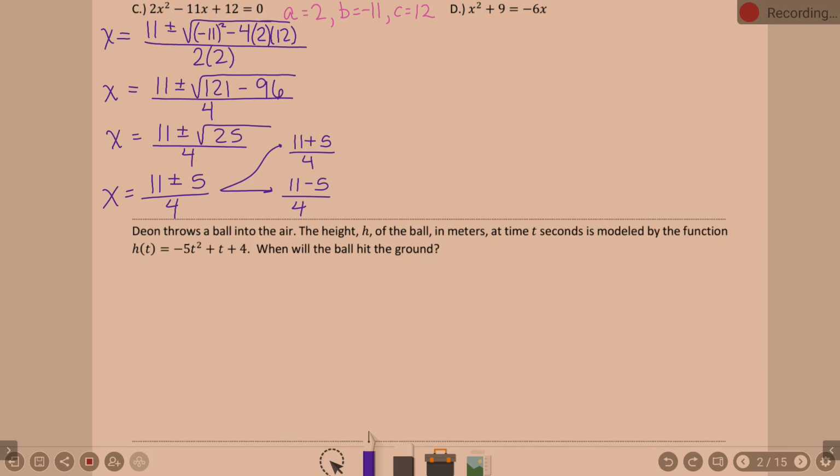So 11 plus 5 is 16, divided by 4 is 4. 11 minus 5 is 6. 6 divided by 4, 1.5. I'm going to keep it improper, though, and say 3 halves.